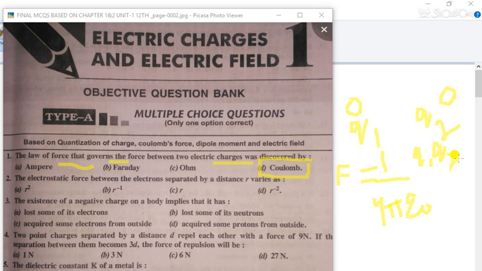So this is the relation, and this epsilon, here you will write epsilon only, not epsilon naught. For free space or for air, it will become epsilon naught, and for a medium you will use epsilon. The answer to the first question is Coulomb's law.